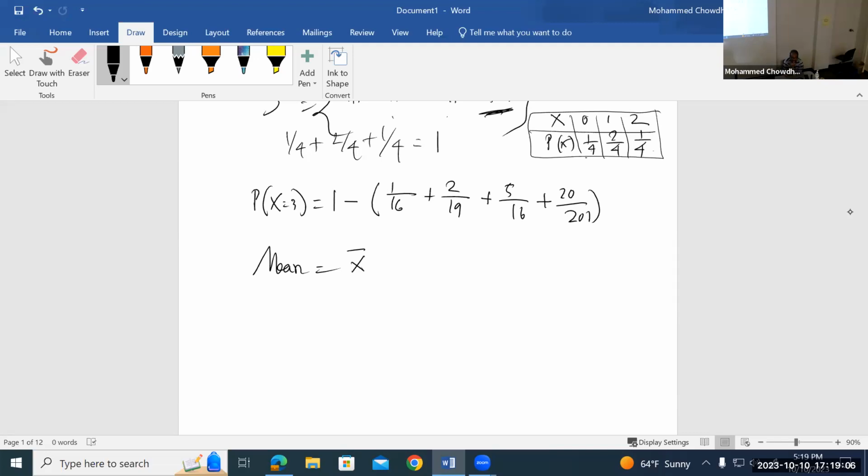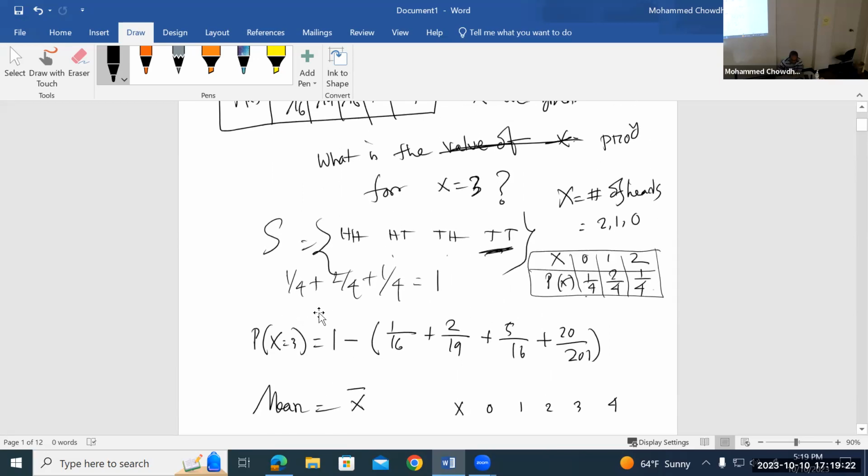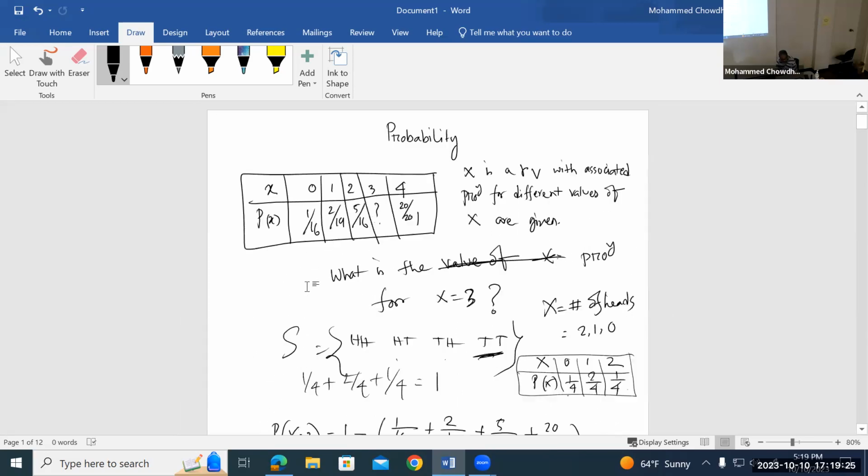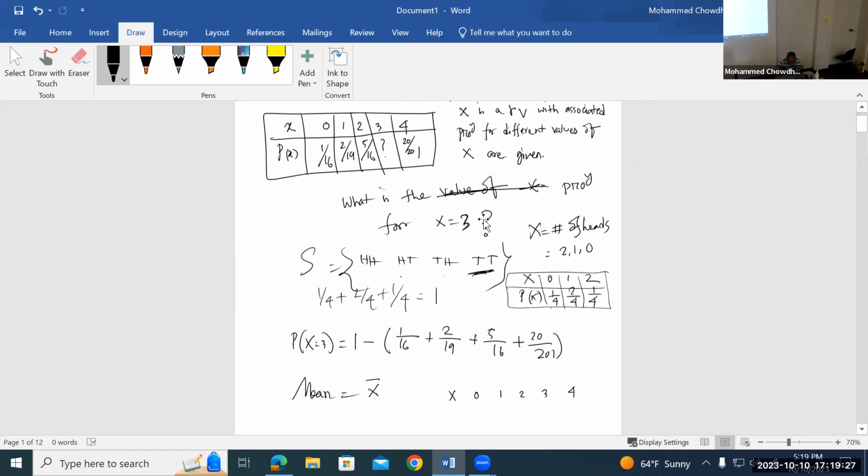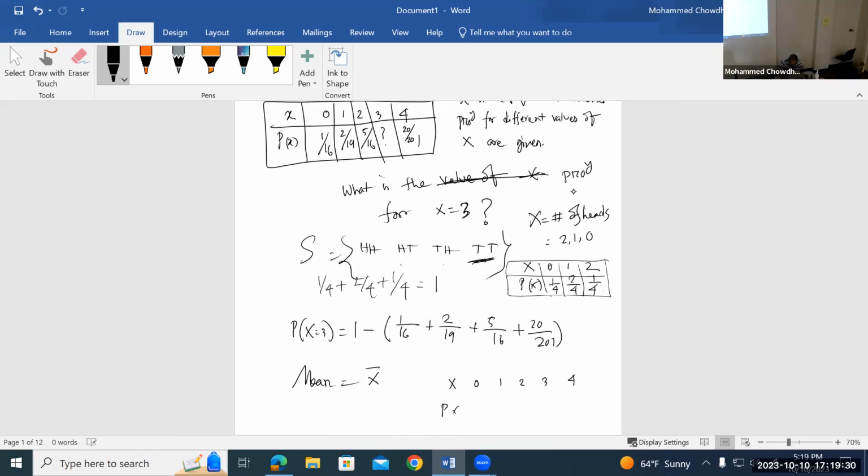Now I want to find it for X equal to 0, 1, 2, 3, 4, as I mentioned before, with probability of X equal to 1 over 16, 2 over 19, 5 over 16, this one missing, and 20 over 201.